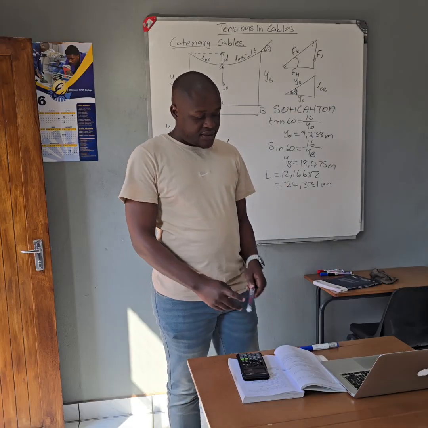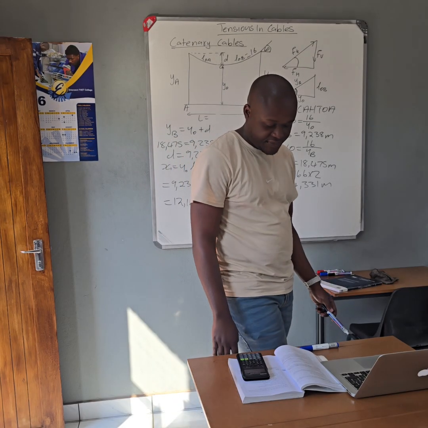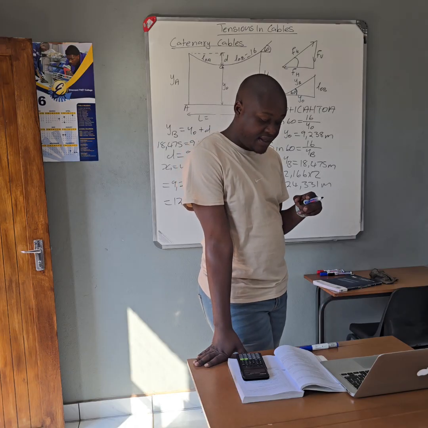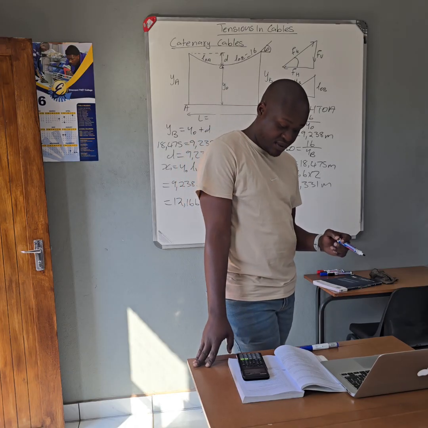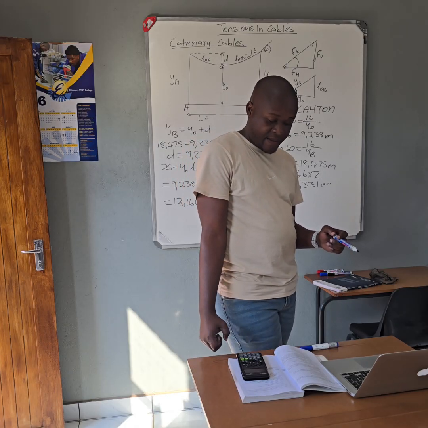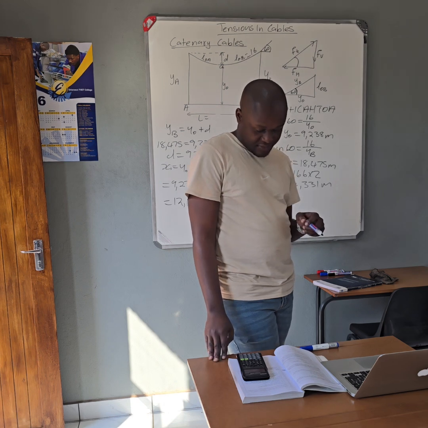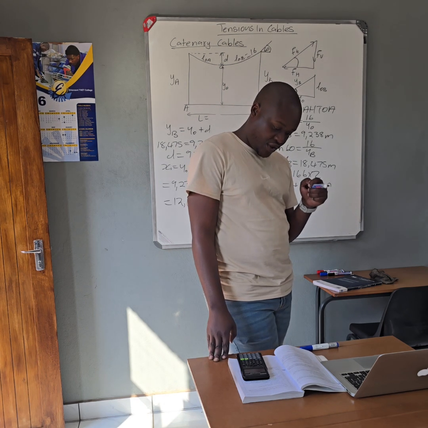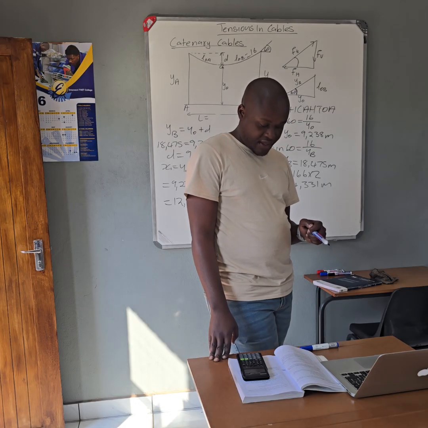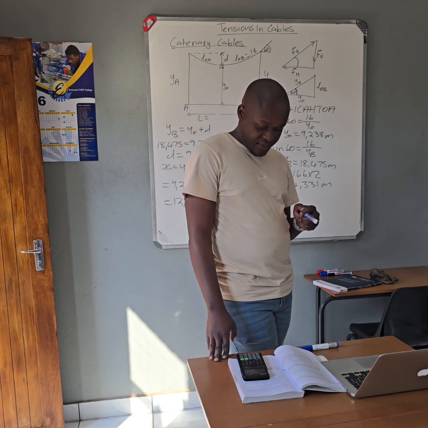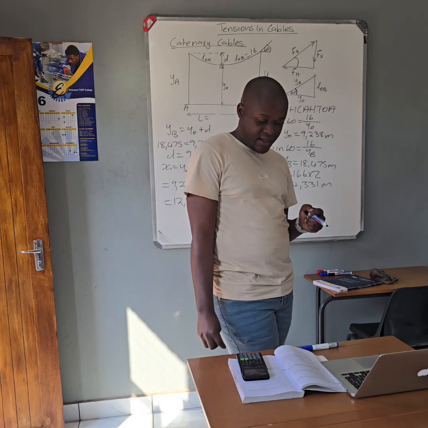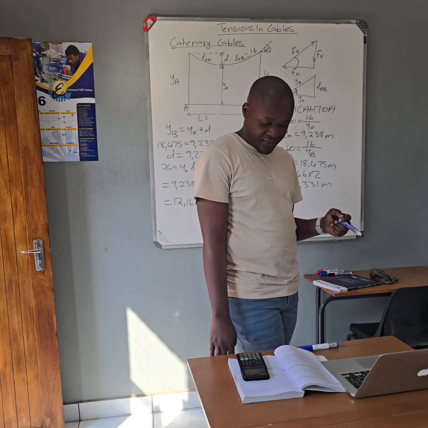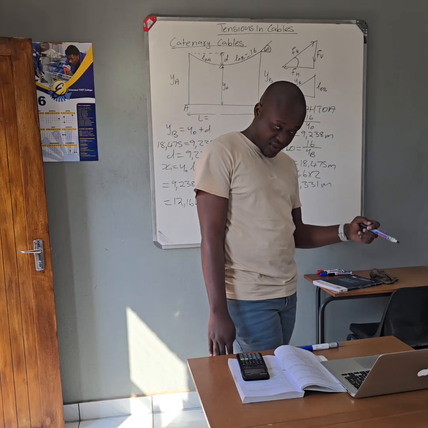Then the third question is saying a cable is now suspended between two supports, and support P is 6 meters longer than support Q. The sag of the cable is 5 meters below the top of the shorter support.